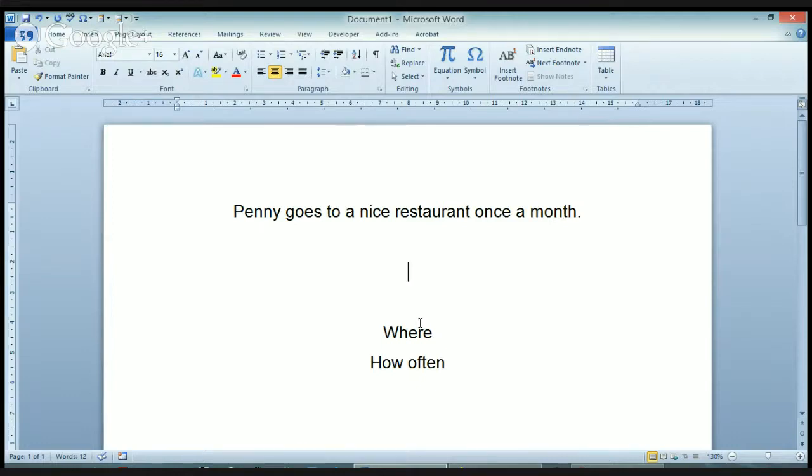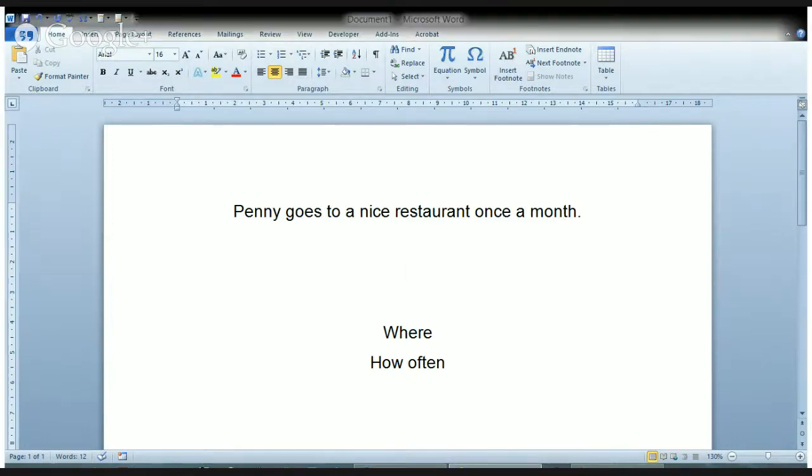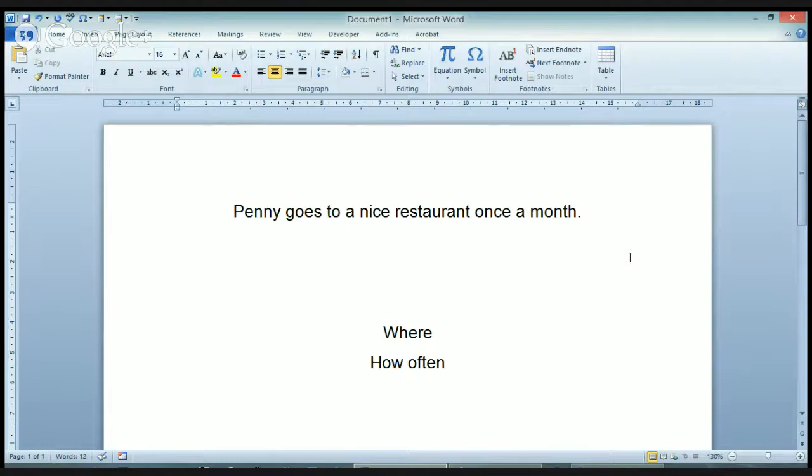Finished time. Time which is not connected to now. We can't go back to this time, for example. So what is the form? We need past tense form of the verb go, don't we, to make this correct? Penny. So tell me what we need. Not Penny goes. Went to a nice restaurant.